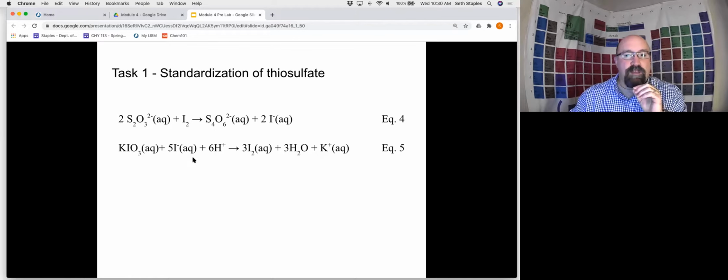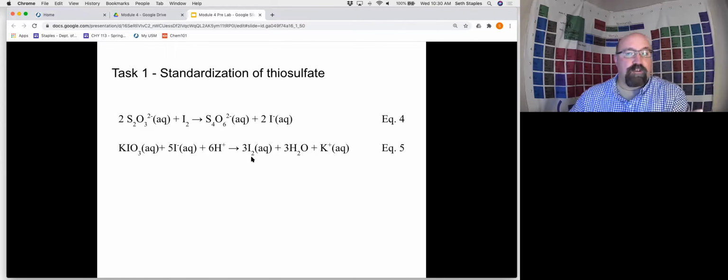So what equation 5 is all about is using our KIO3, our potassium iodate, again, with its precisely known concentration, and then using some I- or some iodide ion, usually introduced with potassium iodide, just some KI, and then some concentrated acid. And that's how we're going to then form our I2.